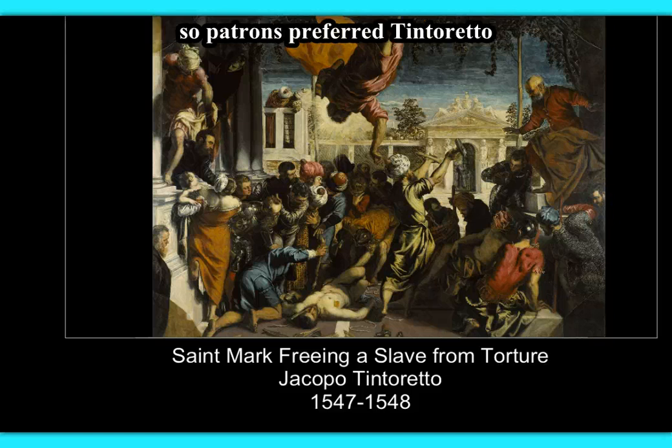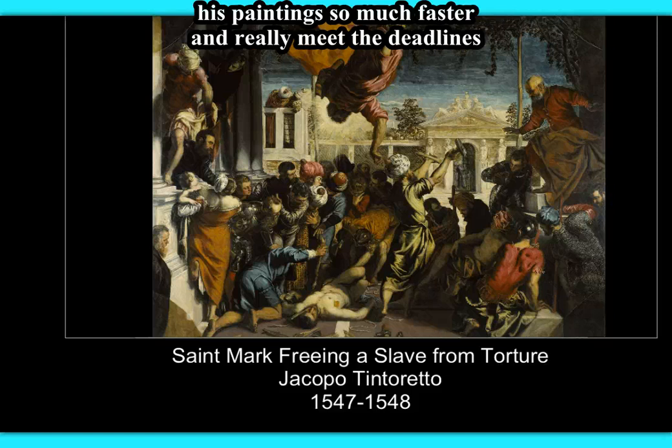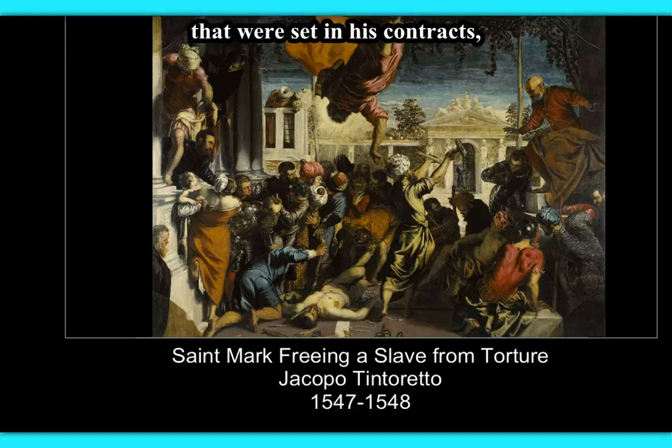So patrons preferred Tintoretto because he could deliver his painting so much faster and meet the deadlines set in his contracts, whereas Titian usually took way longer and didn't often meet those deadlines.